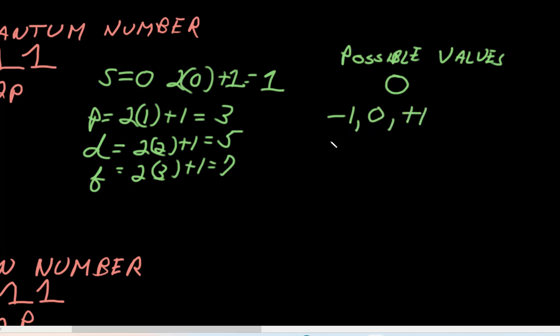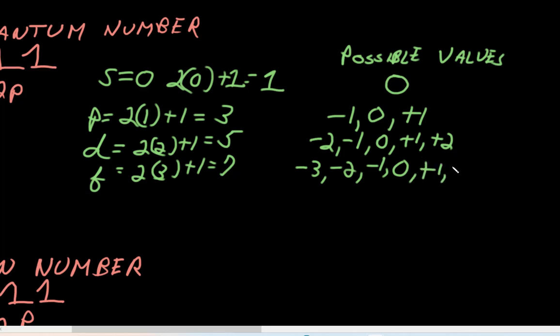If you were in the D, negative 2, negative 1, 0, plus 1, plus 2. And if you're in the F, you can probably guess what this is going to be: negative 3, negative 2, negative 1, 0, plus 1, plus 2, plus 3.